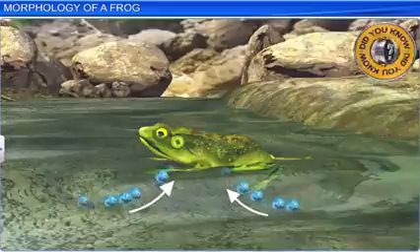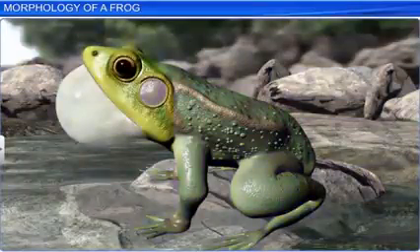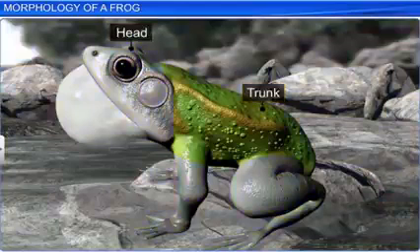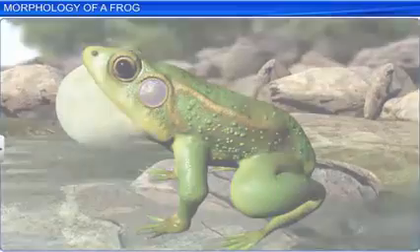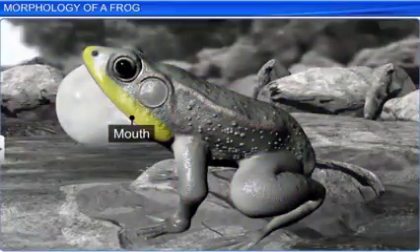The body of a frog is divided into two regions, head and trunk. There is no neck and tail. The head bears a wide semicircular mouth, above which is a pair of small nostrils.